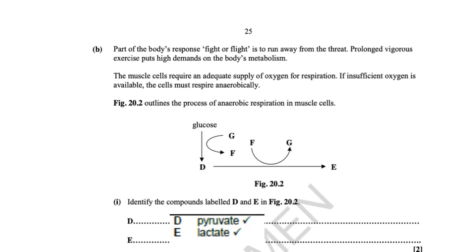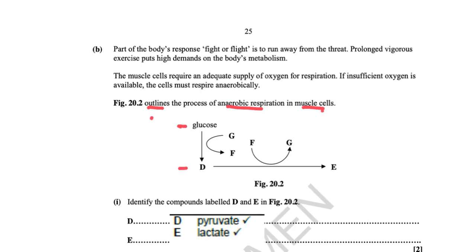So it starts off with outlines the process of anaerobic respiration in muscle cells. Remember, anaerobic respiration is just glycolysis with an alternative way of getting rid of the NADHs, which you can't regenerate by sending them off to the electron transport chain. So the step here is that glucose is being hydrolyzed.